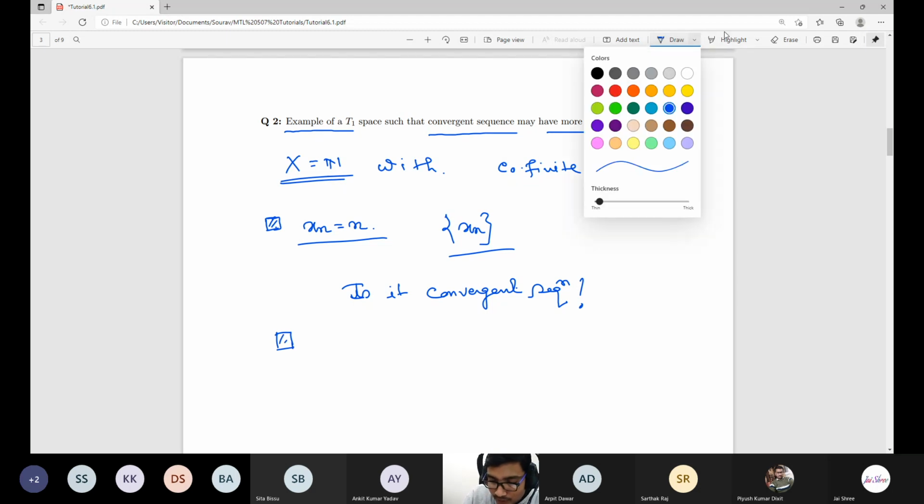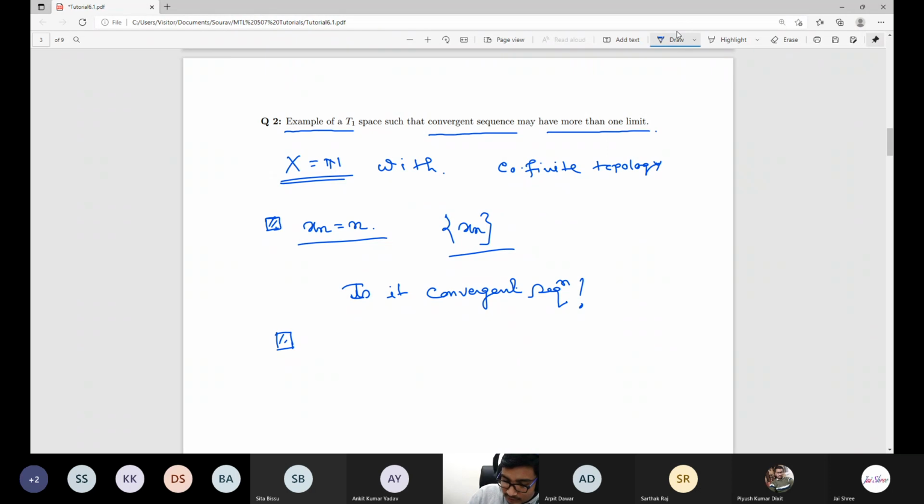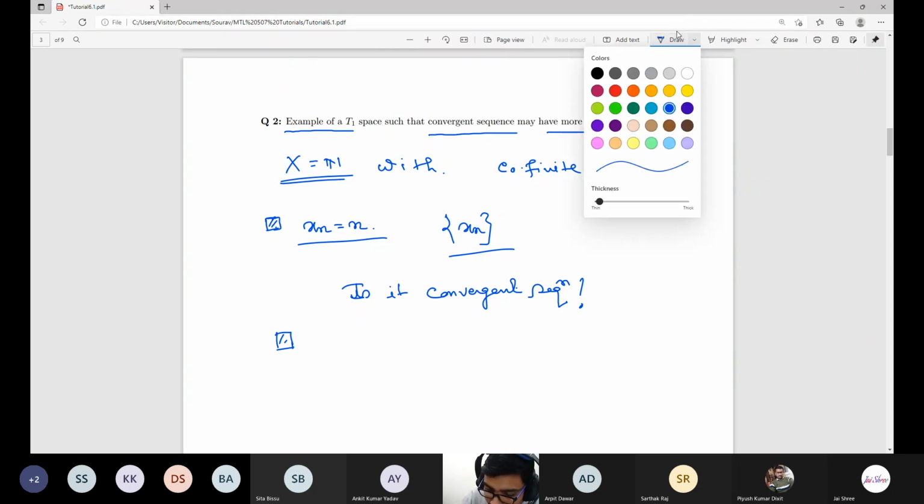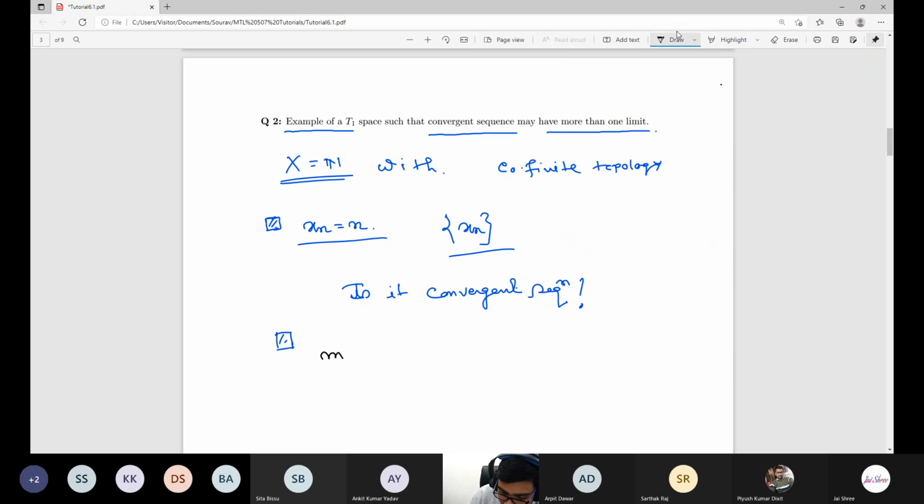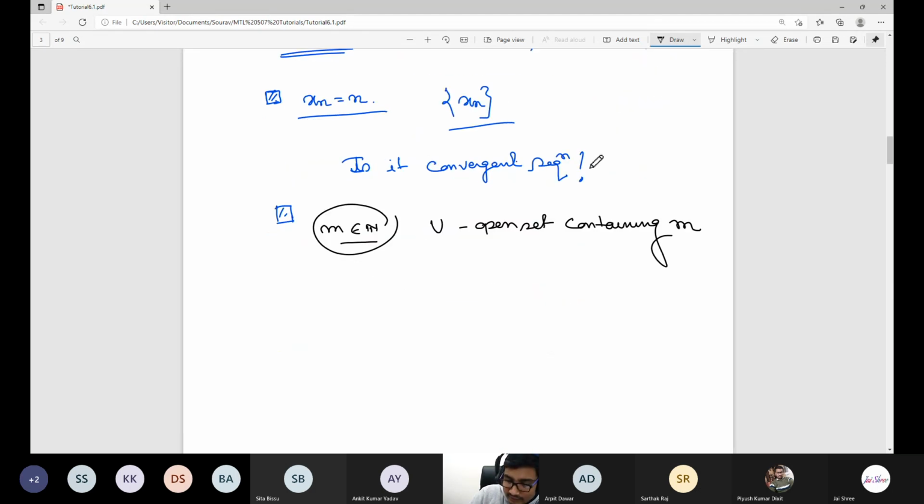Okay, so if you take any element m belonging to N, a fixed element, and take an open set U containing m, then N minus U is a finite set, say {m1, m2, up to mk}.